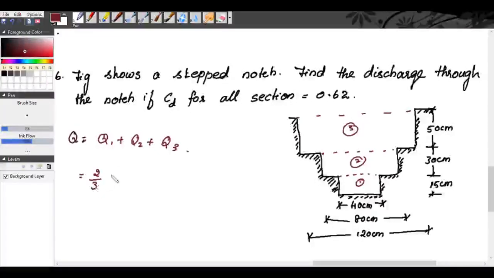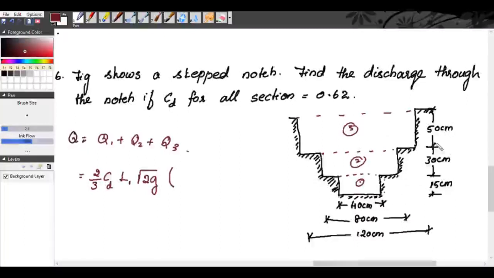2 by 3 CD into L1 into root of 2G into, so this is actually this minus this, right?